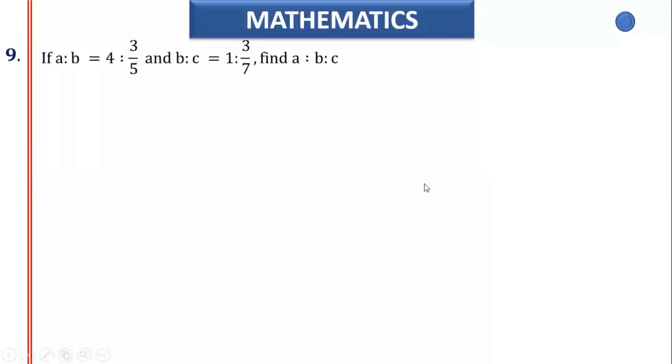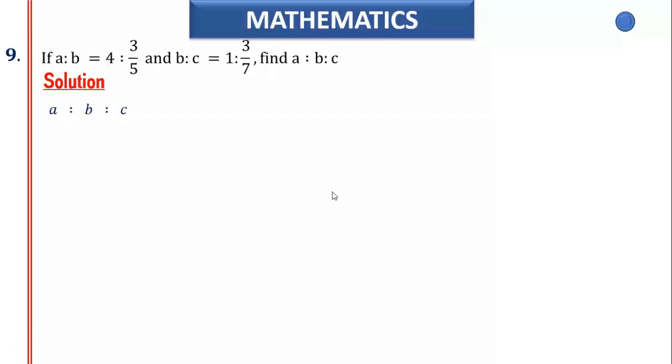Let's take a look at the next question here. If A ratio B equals 4 ratio 3 over 5 and B ratio C equals 1 ratio 3 over 7, find A ratio B ratio C. There are a lot of methods that you can apply to solve this question.